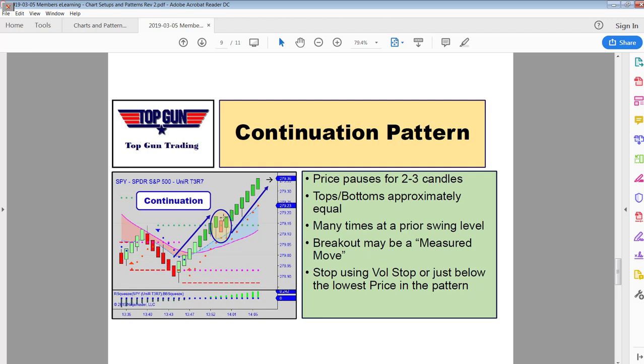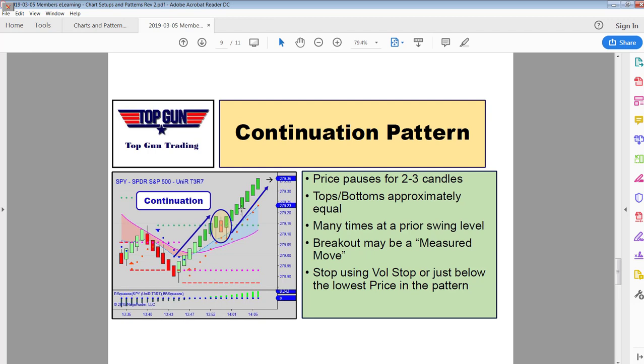Okay, but right in here, you get a move up. You have 2 to 3 candles. I say 2 to 3, 2 to 4, but it has to be at least 3 here, and then you have the move up, a continuation. And I call it a continuation because this move comes in, it tries to figure out whether it wants to go higher.